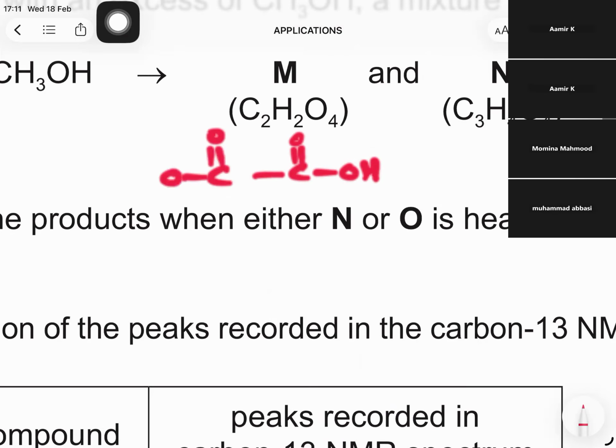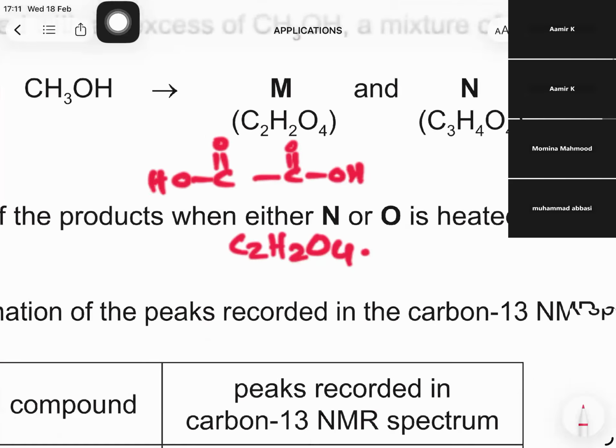How do I get to know? Because in the dioic acid, both these carbons are in the same chemical environment, and the formula is C2H2O4.